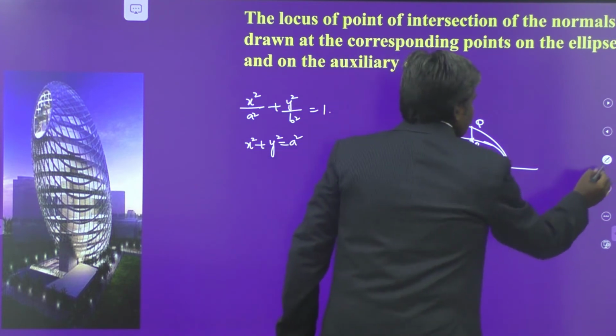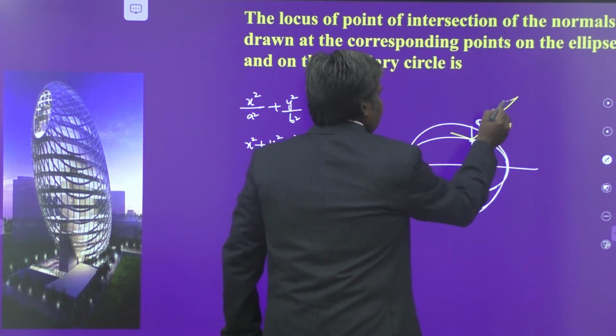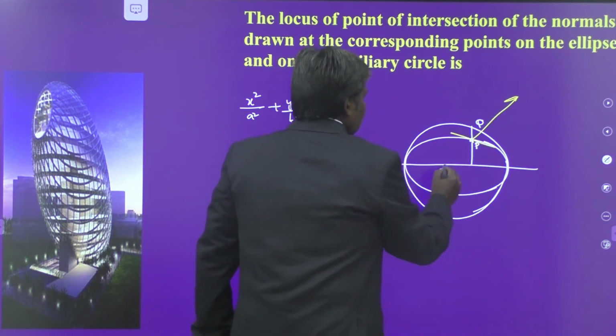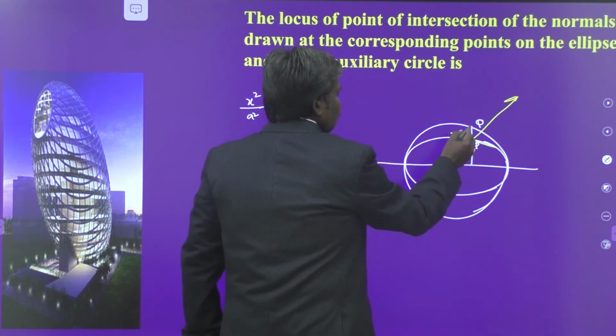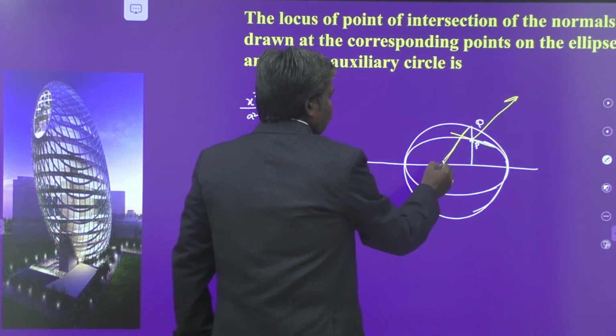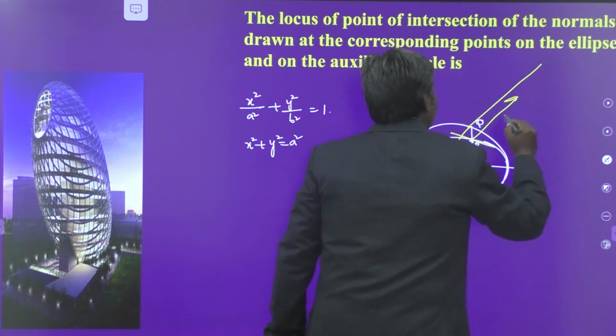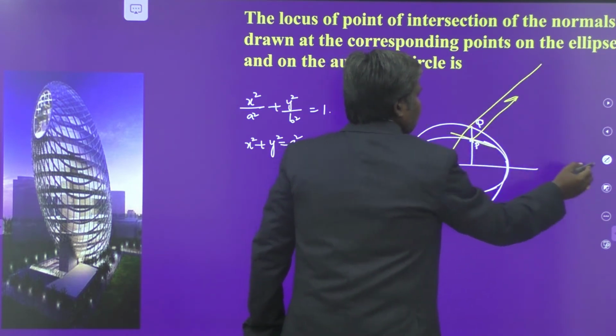Now we have to find out the locus of the point of intersection of normals at these 2 points. That means this is the tangent at that point P, this is the normal, this is the center of the ellipse. If you join and extend this one, you can extend the normal also.